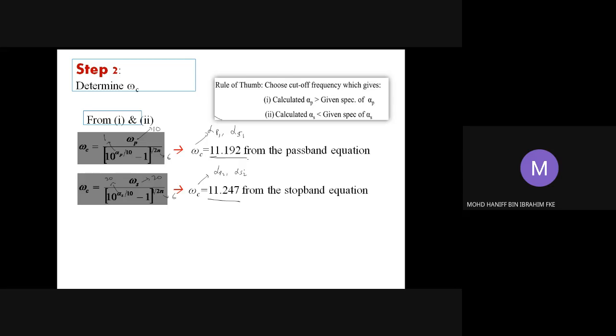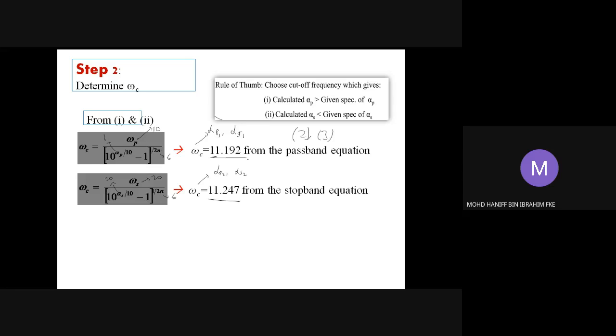So we are supposed to get 2 pairs of alpha P and alpha S, since we have 2 values of omega C. If you can recall back, the alpha P and alpha S are calculated based on equation 2 and equation number 3.